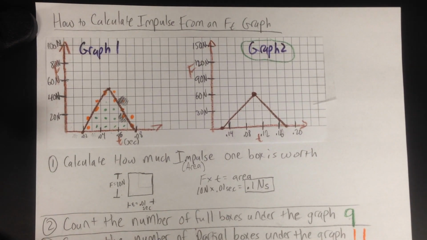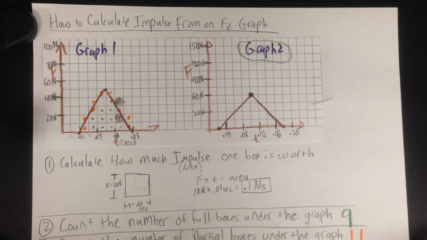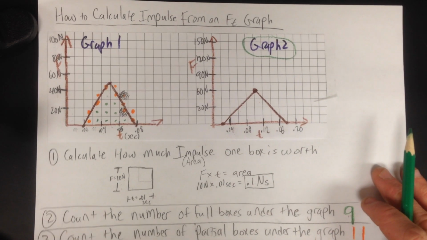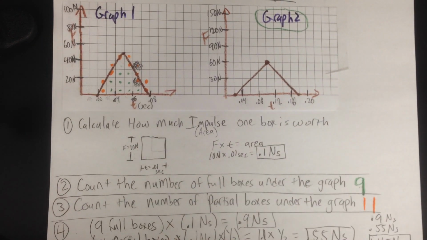Read them, do it, and bring it to class on Monday. Alright, in class on Monday I need to see that you have graph 2. What is the area provided, what is the impulse from graph 2? That's really the question. It's how to find impulse from a graph. Alright, we found impulse from graph 1. Now you have to do graph 2 for Monday, and I will check it on Monday. Okay?